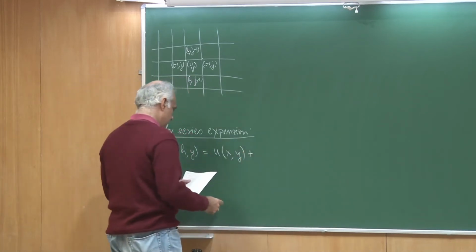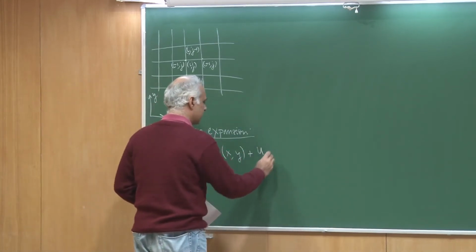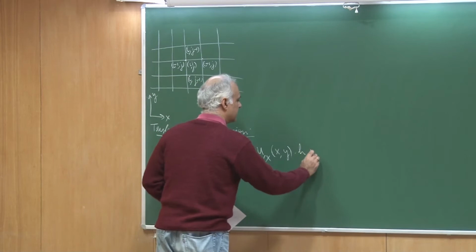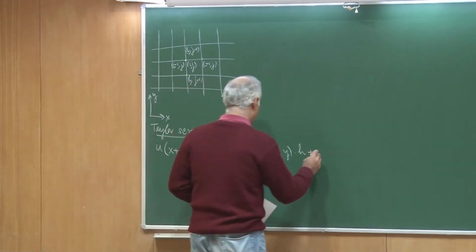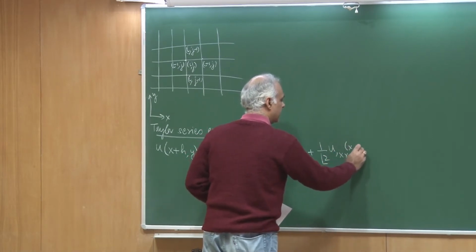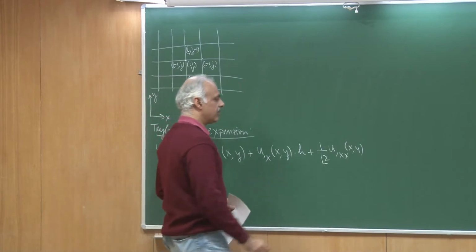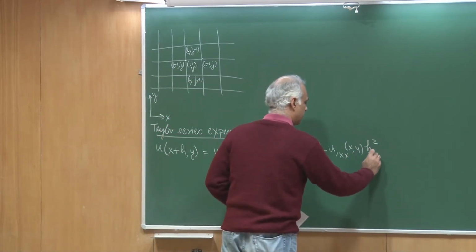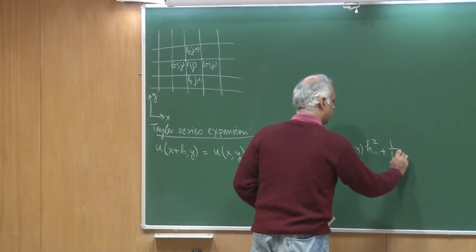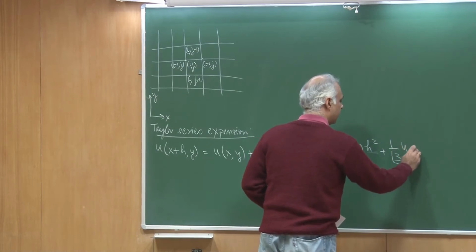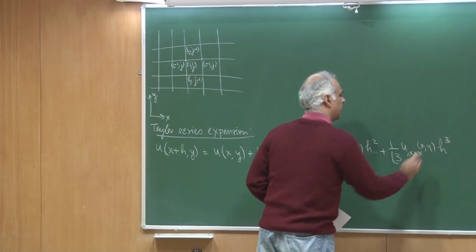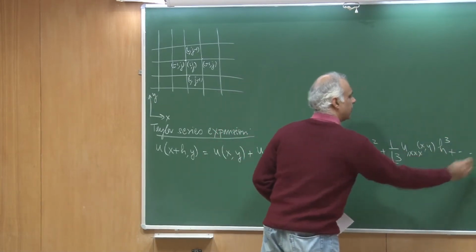So this would be simply u comma x, of course evaluated at x y, times h, plus I would have 1 over factorial 2, the second derivative evaluated at h square, plus 1 over factorial 3 of u comma x x x evaluated at x y times h cube, and of course higher order terms.